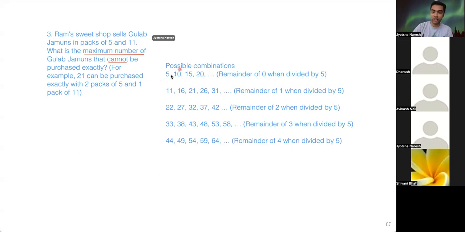Because that's already covered here. But I know that when it has a remainder of 1 divided by 5, it starts only from 11, right? So can I actually make 6 here? Is it possible to have made 6?